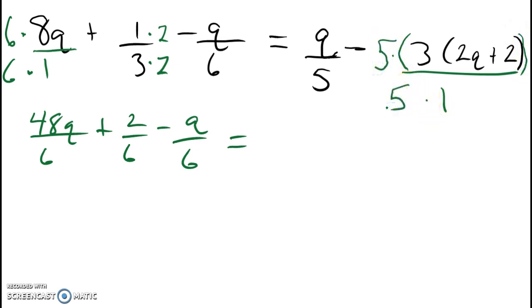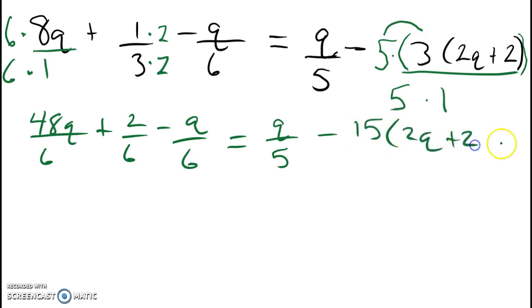So I'm going to rewrite this equation now, q over 5 minus, now I'm going to multiply the 5 by that 3, we're just going to multiply the outsides, so 15 2q plus 2 over 5.